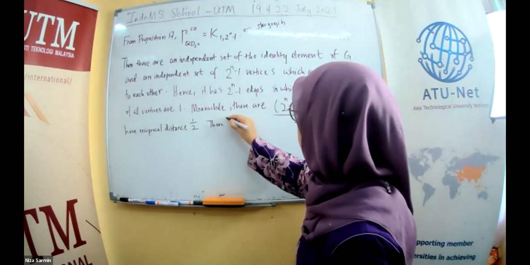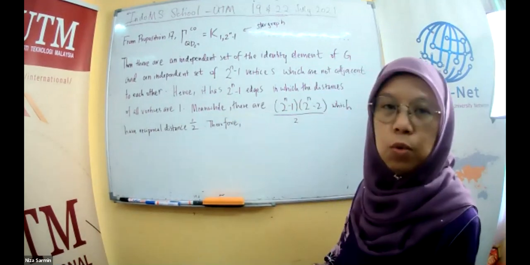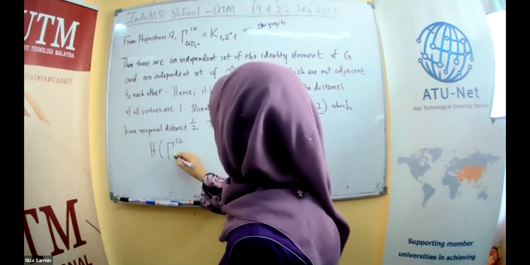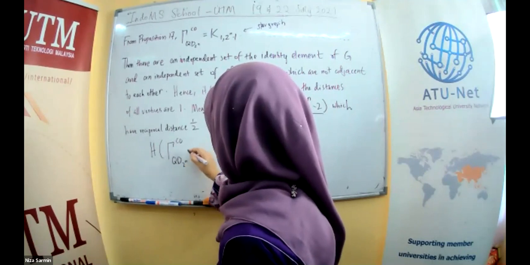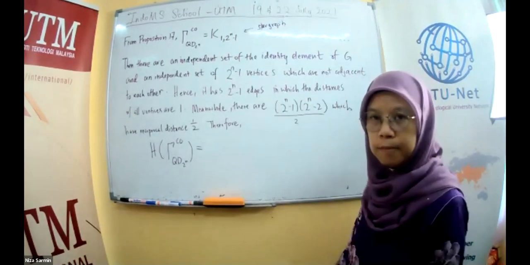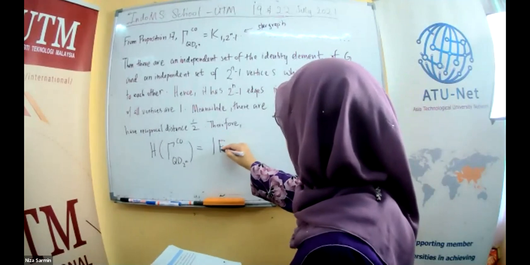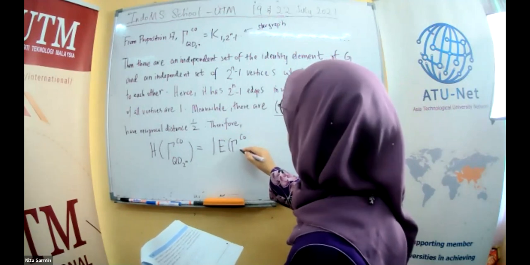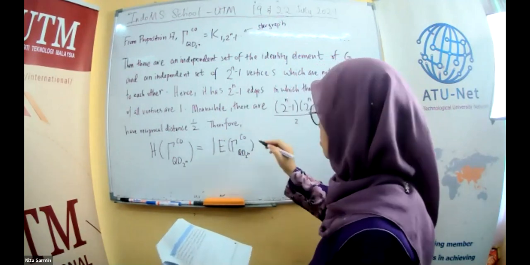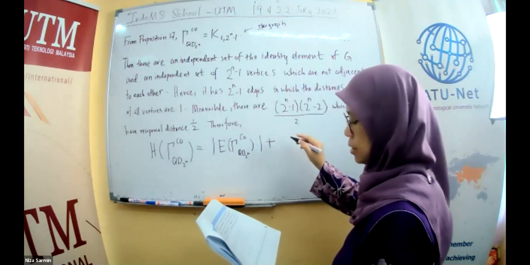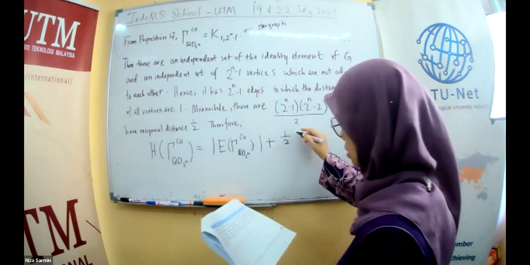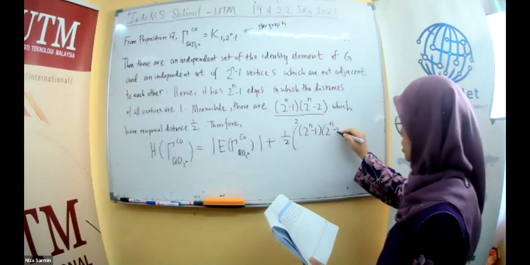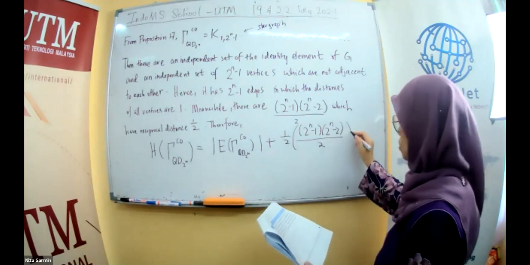Therefore, now we want to calculate H of the coprime graph of QD_n, equal to the number of these edges of this QD_n. Just add that up to this, right? 2 to the n minus 1, 2 to the n minus 2 over 2.